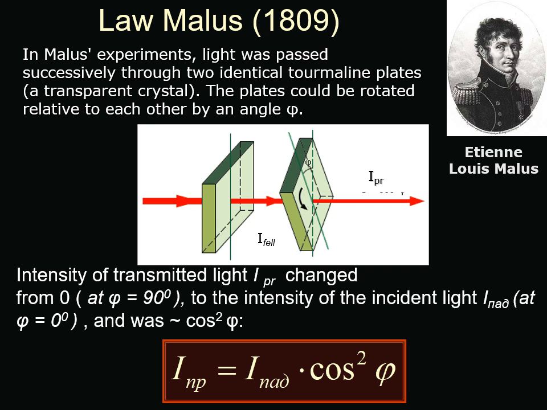The relationship between the intensity of polarized light that has passed through a tourmaline plate and the intensity of light incident on this plate was studied back in 1809 by Malus, and in the picture that you see, the first crystal is just a crystal with which polarized light is obtained.